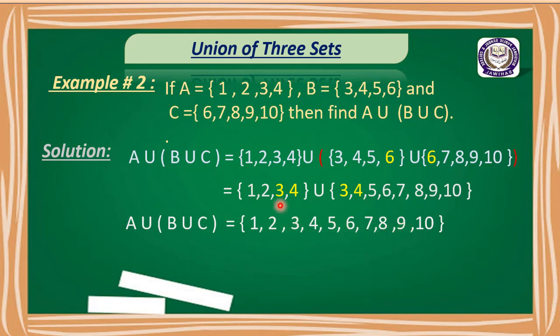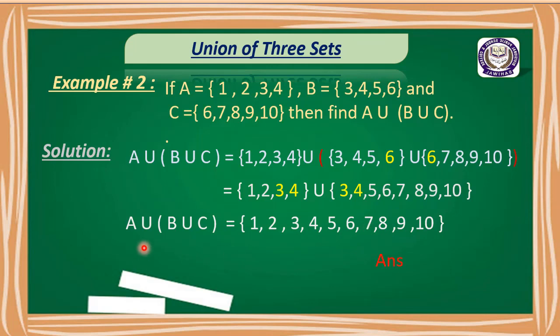Look at that one. Here 3 and 4 are repeated elements in both the sets. In both sets, 3 and 4 are present, but we will write the same elements only one time. 1, 2, 3, 4, 5, 6, 7, 8, 9, 10, and that is our required answer.